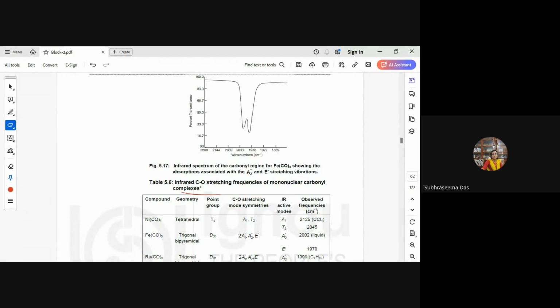In figure 5.17, we see the IR spectrum of the carbonyl region of Fe(CO)5, associated with different stretching vibrations. The x-axis represents the wave number, and the y-axis represents the percentage transmittance. In this spectrum we come across two peak positions, one at around 1900 and the other at 2200.